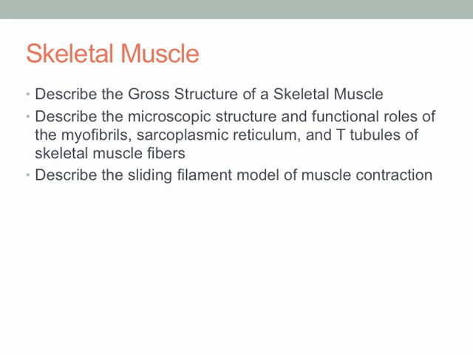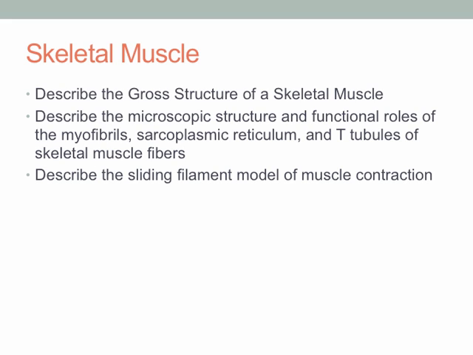Anyway, the objectives for this section are to describe the gross structure of a skeletal muscle. Gross meaning just the basic structure, the basic anatomy, not the microscopic anatomy.